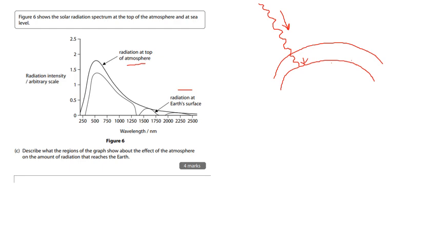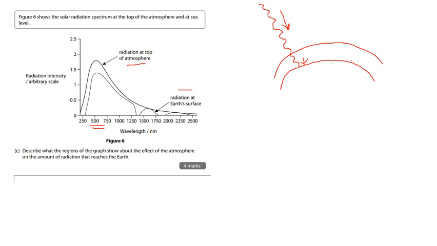Now, you might have learned your wavelengths. You could answer this question just talking about wavelengths, as in the numbers on the graph, and hopefully you get full marks for that. I tell my students to learn visible. Visible light is from about there to there, from about 450 nanometers to about 600 nanometers.